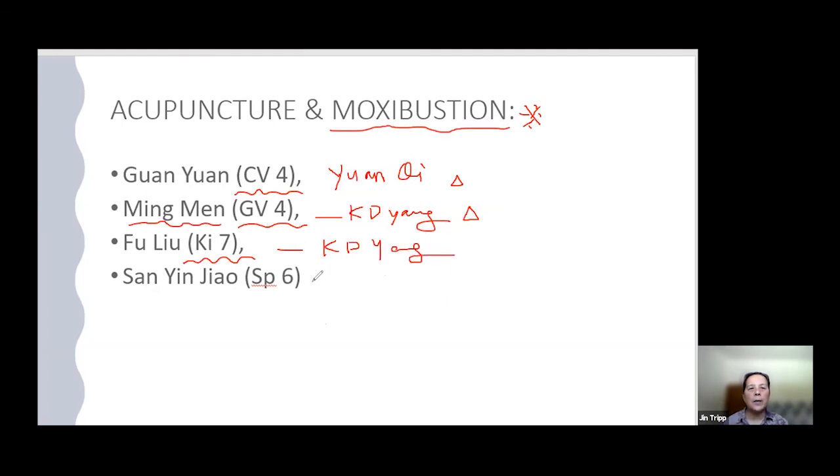And Spleen 6, working for three organs in the middle jiao and the lower jiao: liver, spleen, and the kidney.